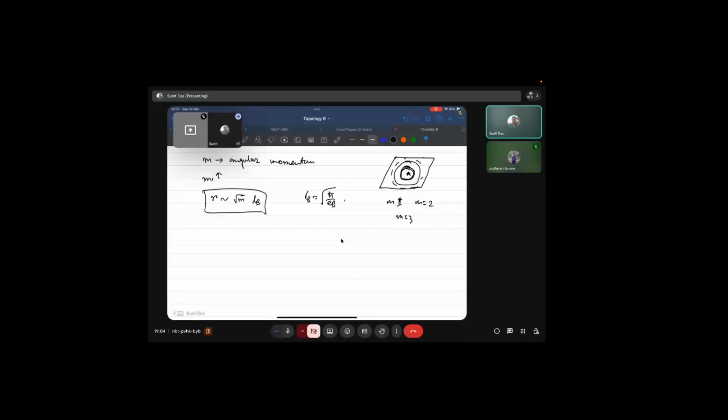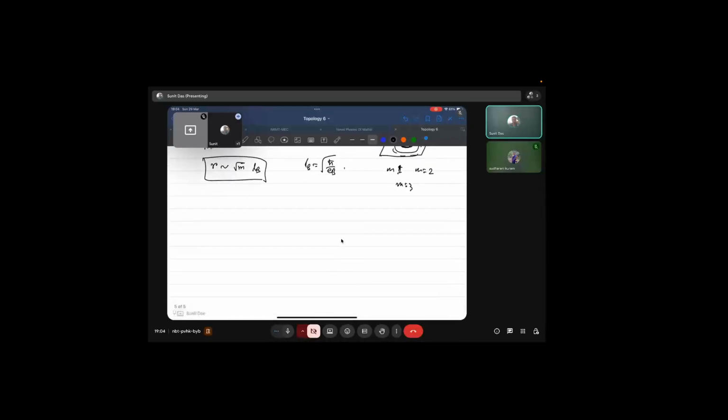So it is as if theta and r are not really independent. By theta I mean we are in the 2D polar coordinates, right? Theta is associated with the angular momentum m, and r is not independent of it.